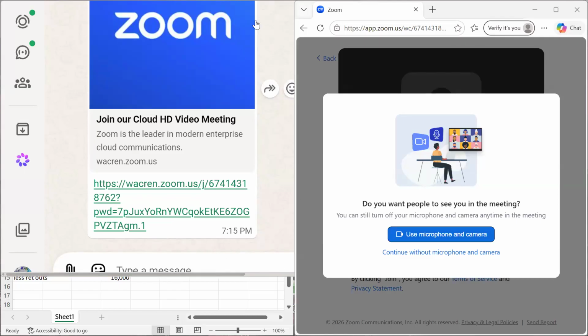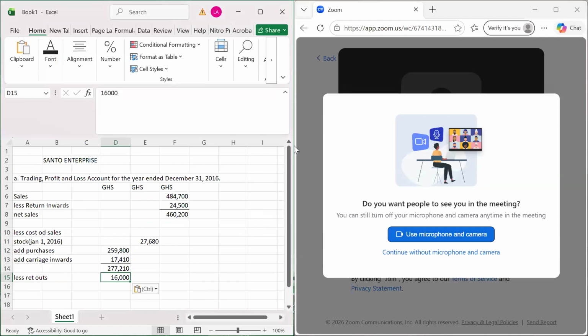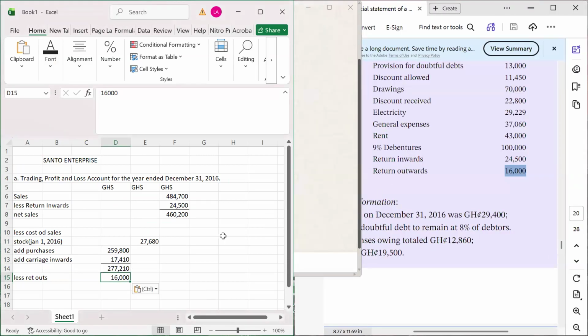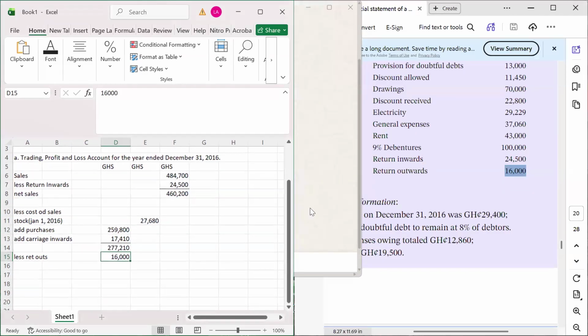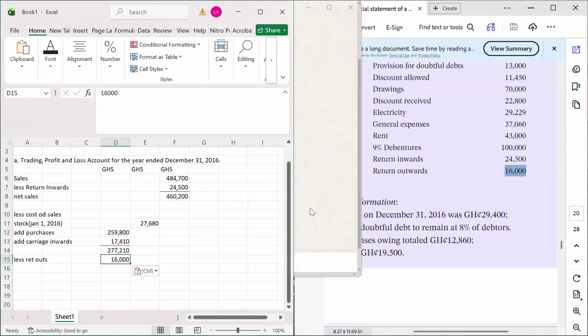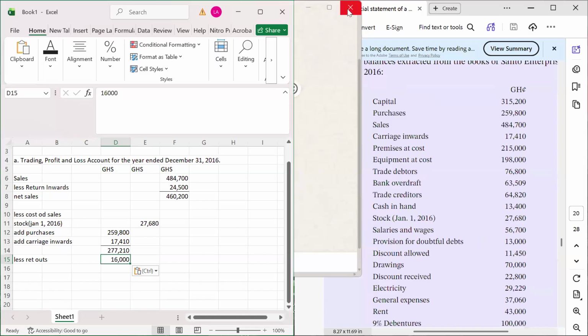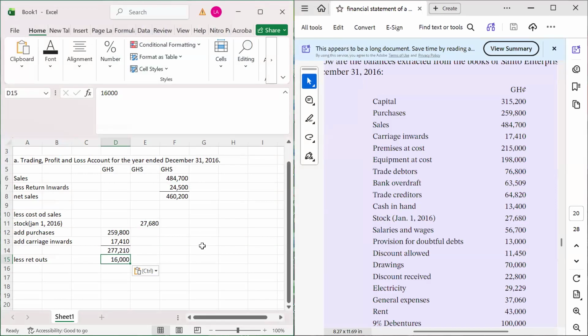So you can see what we are doing. Yes, please.